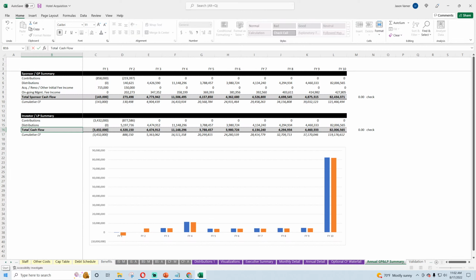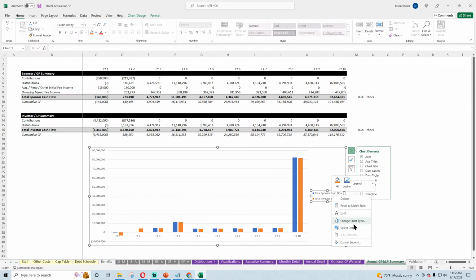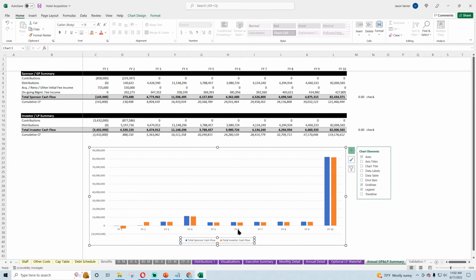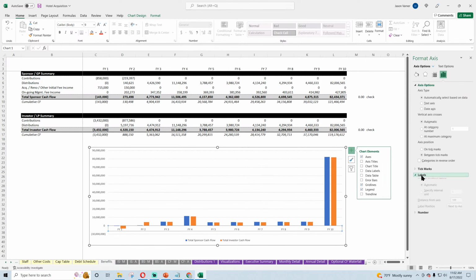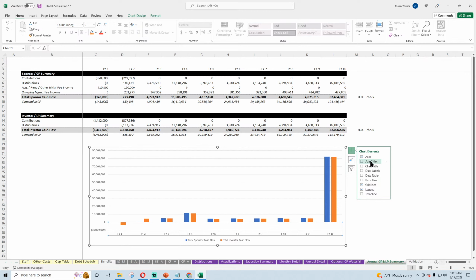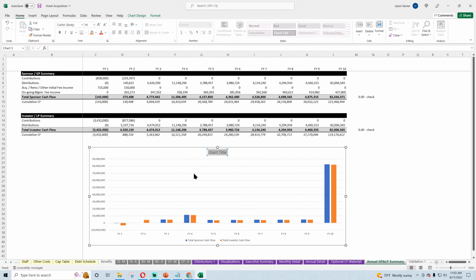Total investor cash flow. Put a legend in. All right, put these on low. Give this a little title: sponsor versus investor cash flow.